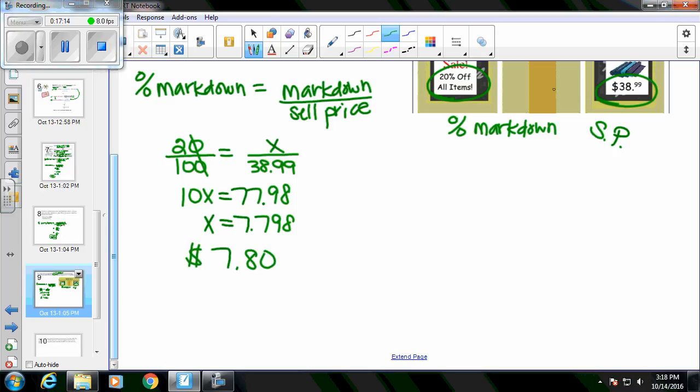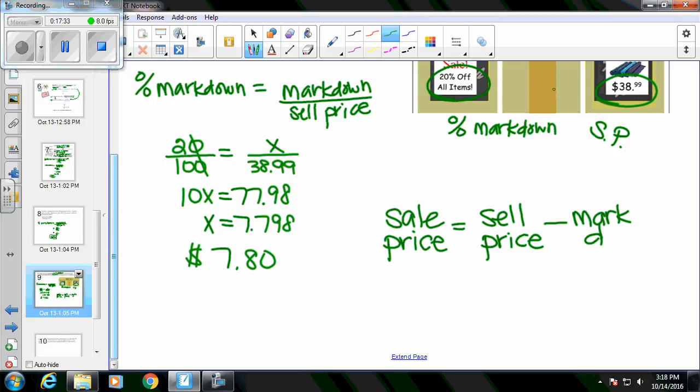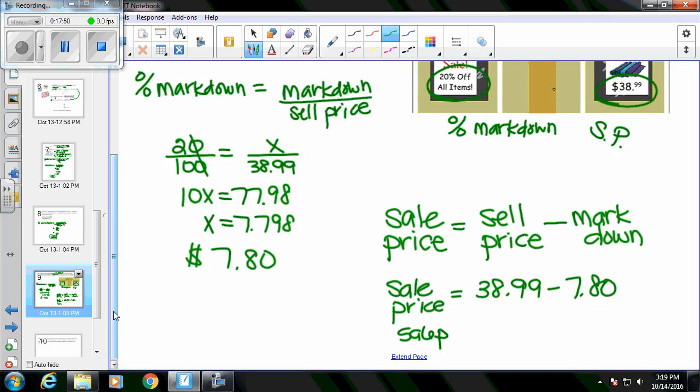Okay. Remember, my sale price equals my selling price minus my markdown. So my sale price equals my selling price of $38.99 minus $7.80. So the sale price works out to be $31.19.